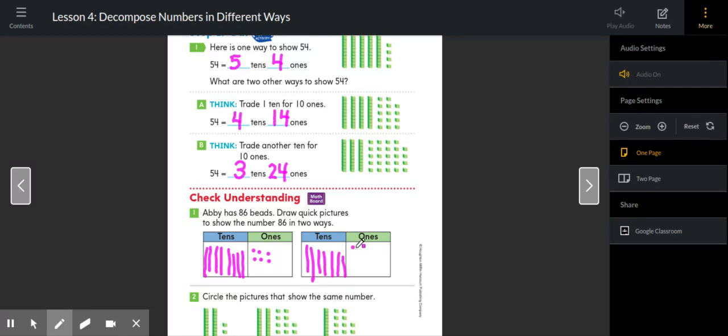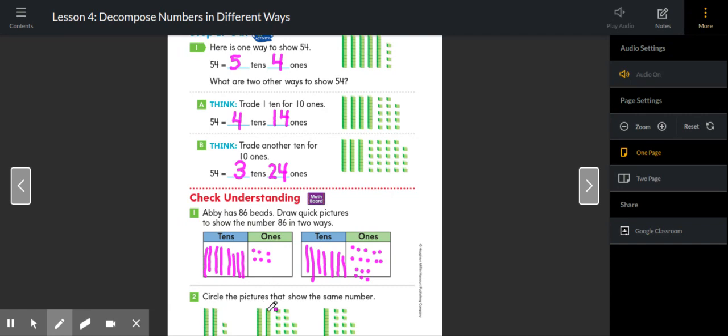And we'd have the 10 ones that we traded that 8th 10 for. And we would have our original 6 ones. So 7 10s and 16 ones is the same as 8 10s and 6 ones.